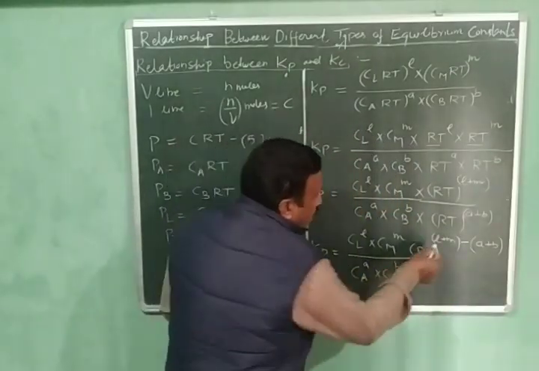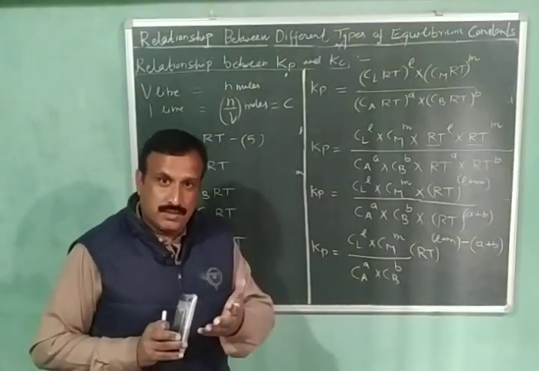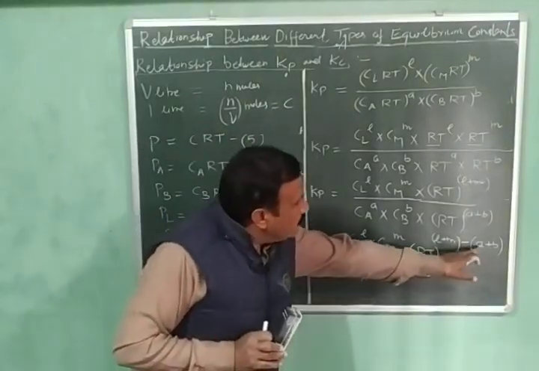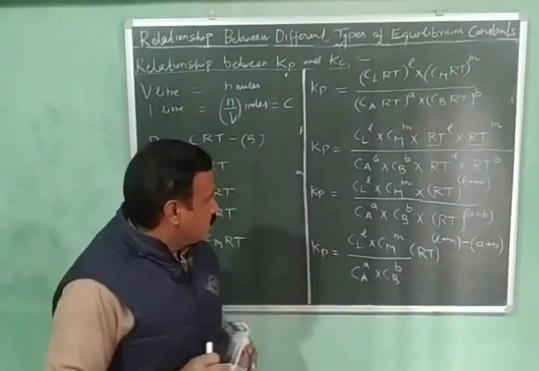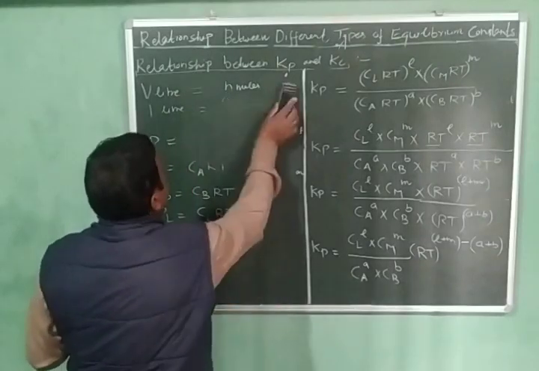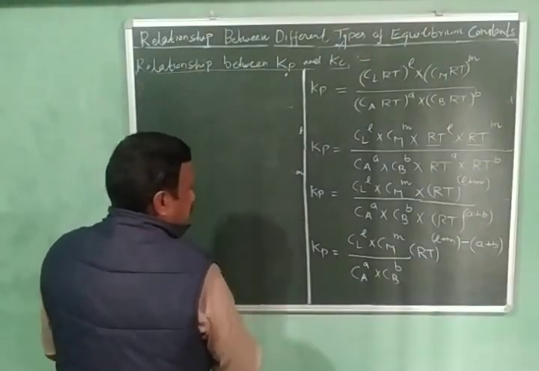Okay, so here this L plus m is the total number of moles of products, and this A plus B is the total number of moles of reactants. So let us write it further.